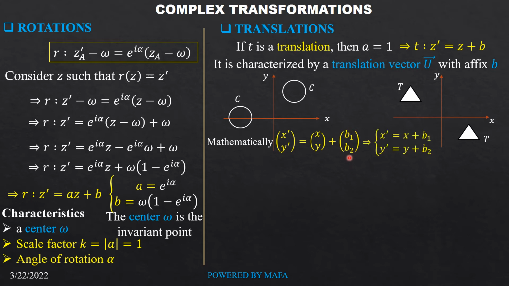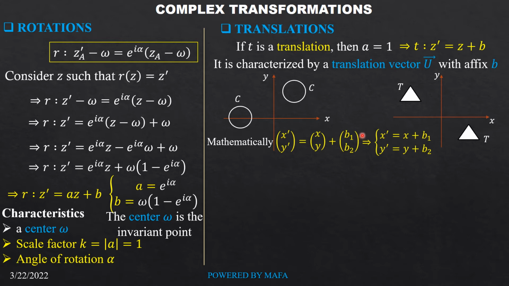So from there we can equate corresponding entries, and we are going to see that x prime is equal to x plus b1 and y prime is equal to y plus b2. Remember, our affix b, or the point b1 b2, is simply the translation vector. So that is basically it about translations.